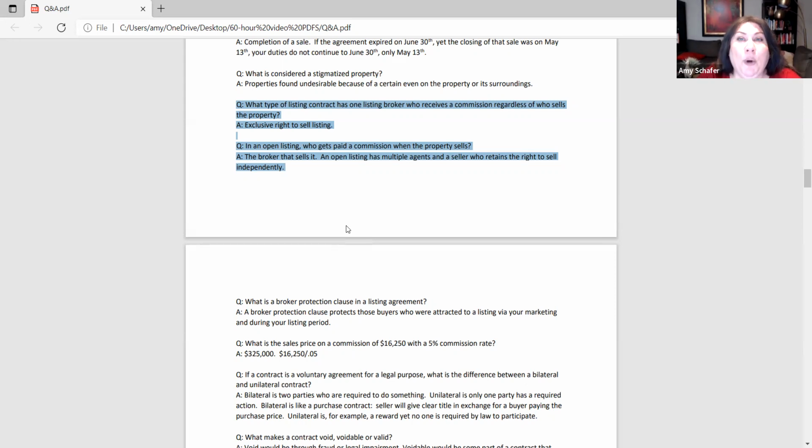But when can you approach them? And the answer is, you cannot approach them until it expires, unless the seller approaches you first. And then you can create your own seller representation agreements from the date it expires until whatever days you agree that it should expire for your contract.